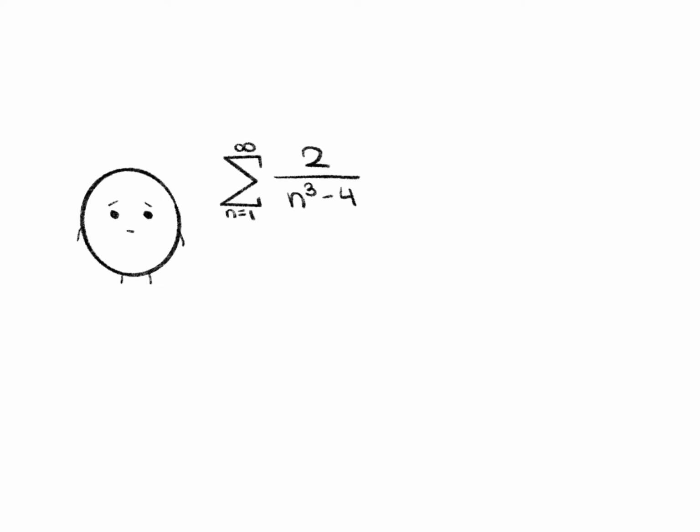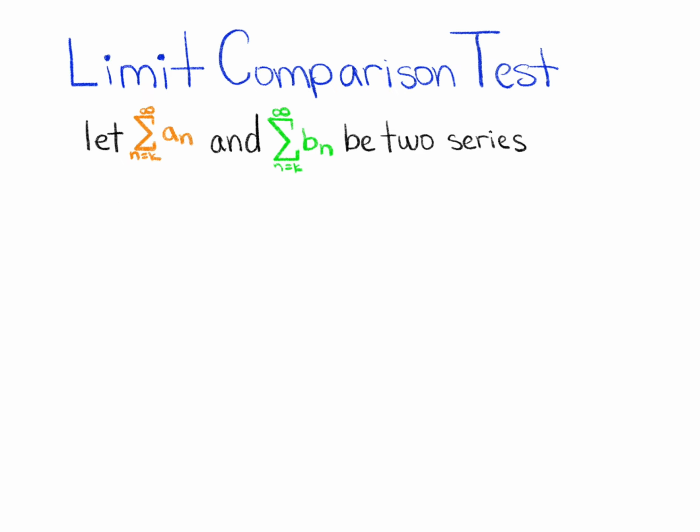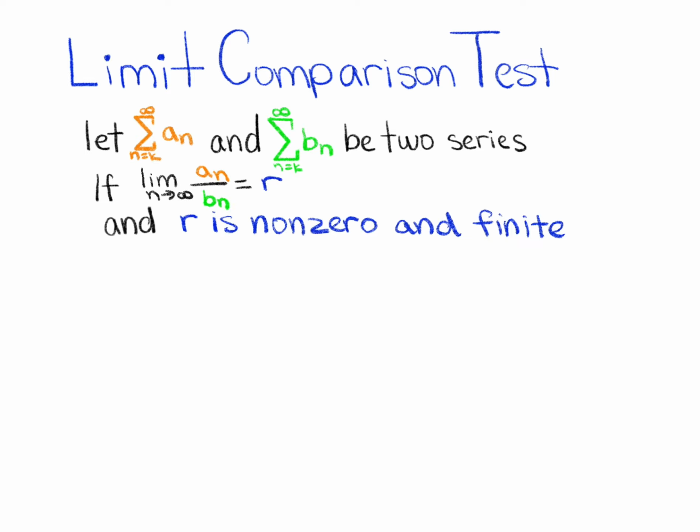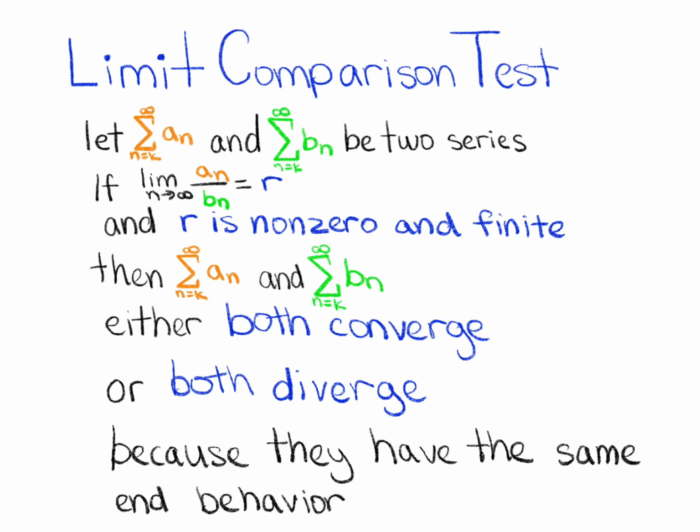Our next helper, the limit comparison test, is the direct comparison test's cousin. It divides a series by another series and takes the limit, which produces r. If r is finite and not zero, both series will either converge or diverge.